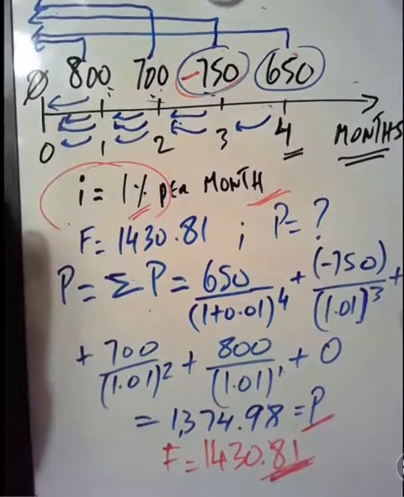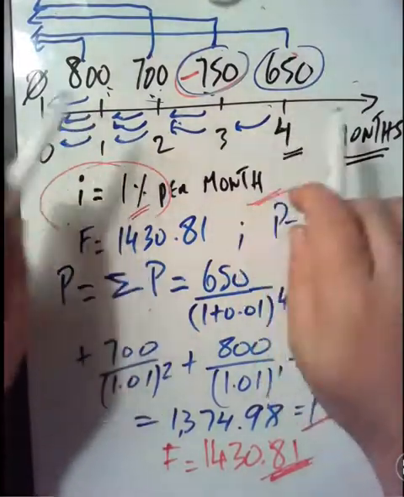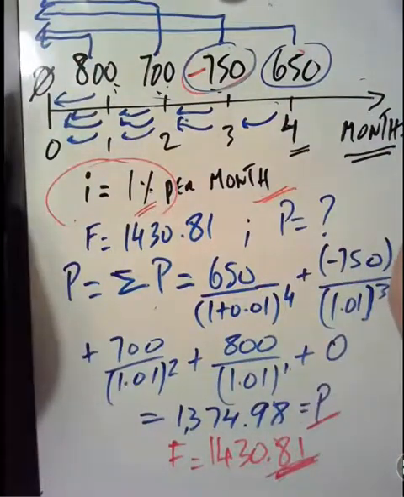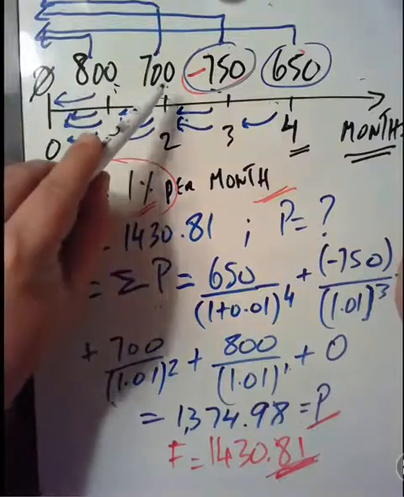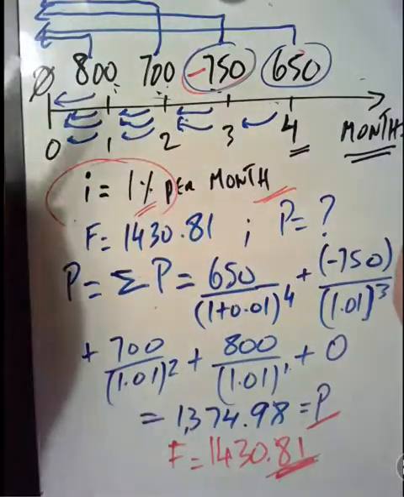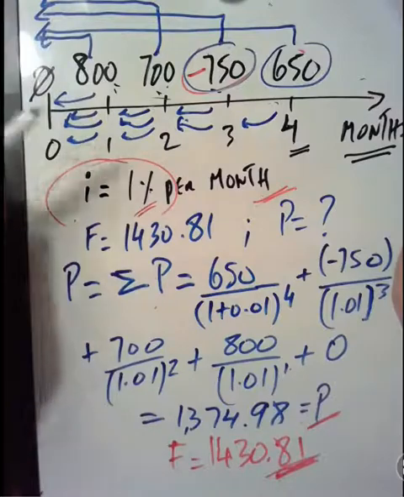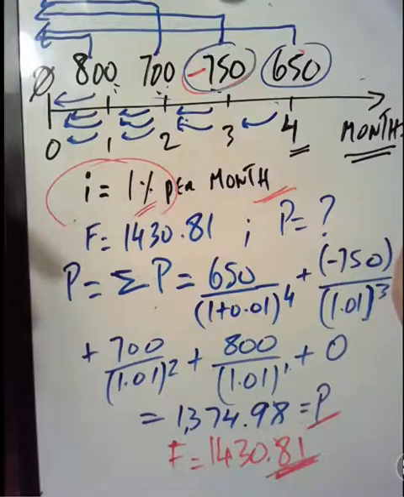Now let's say you want to figure out, okay, I have all these varying cash flows per month. What if I want to have a constant cash flow per month instead of having to deal with this variance? Well, that's a question we can solve with the next topic, which is called annuities.